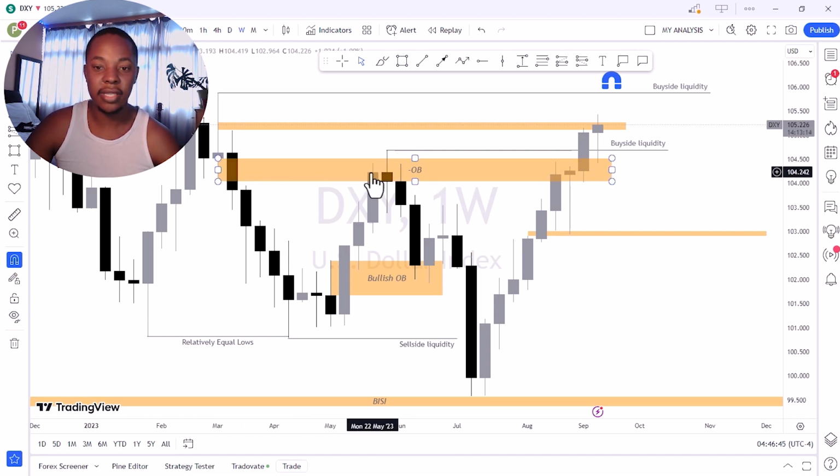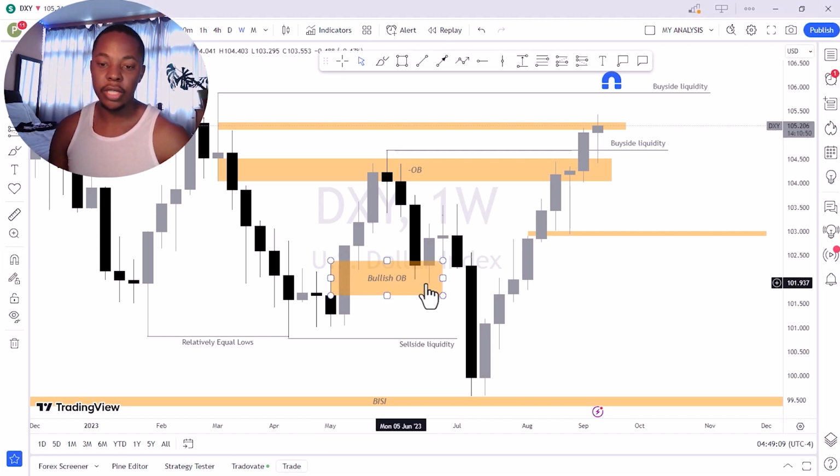Price actually closed inside the order block, we didn't close outside of it, so that's nice. Then price went all the way down into the consequent encroachment, probably the 60% or 70%, of this bullish order block.